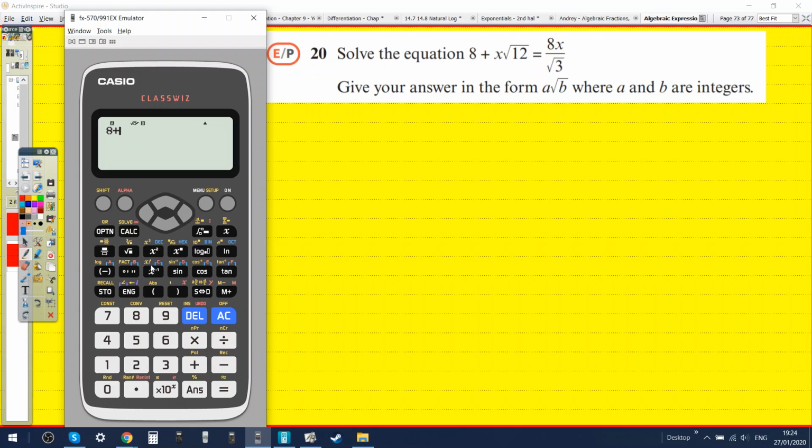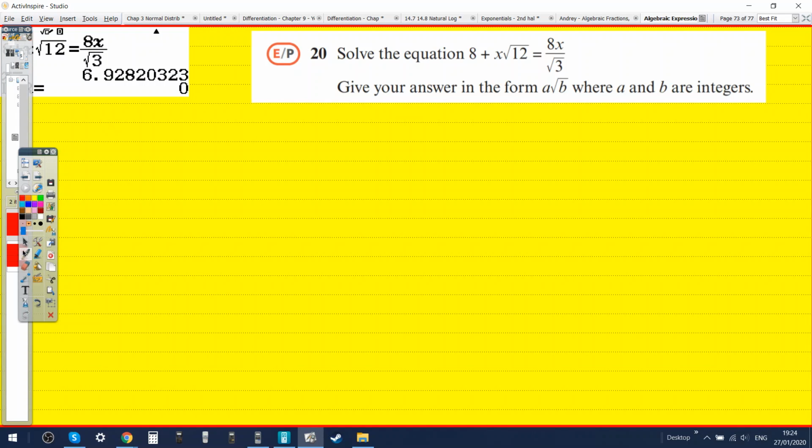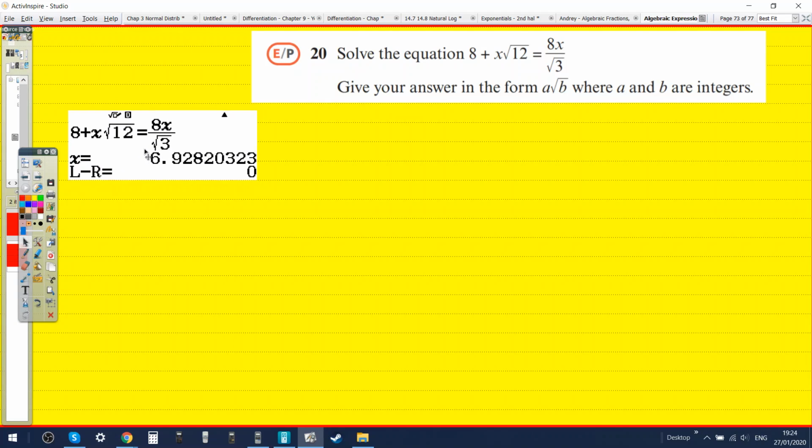Tell me if you're stuck. So I got 8 plus x times 12 to the power of a half equals 8x over 3 to the power of a half.